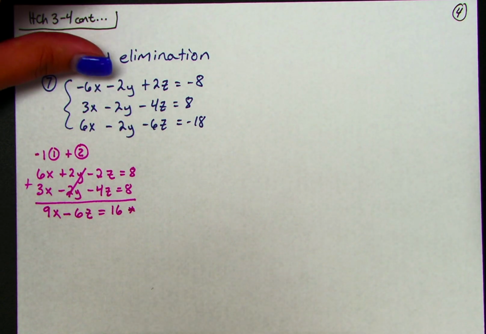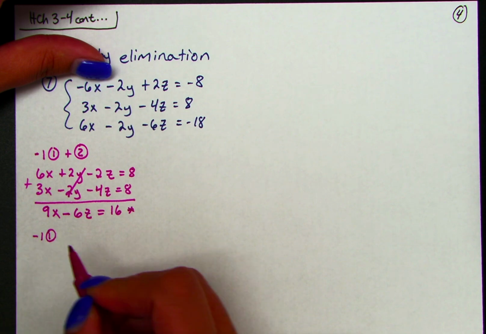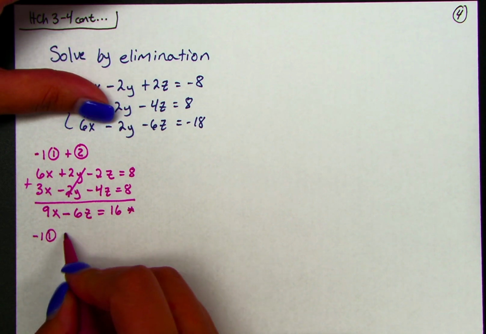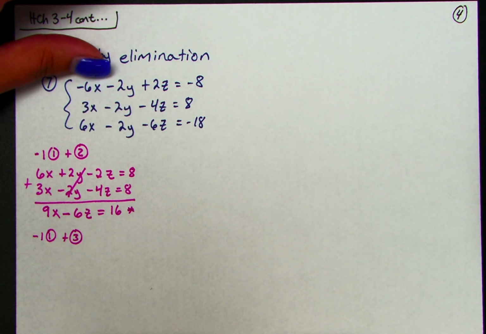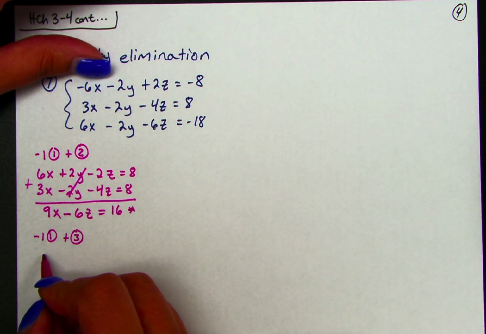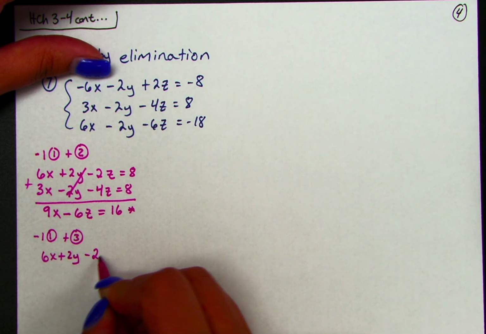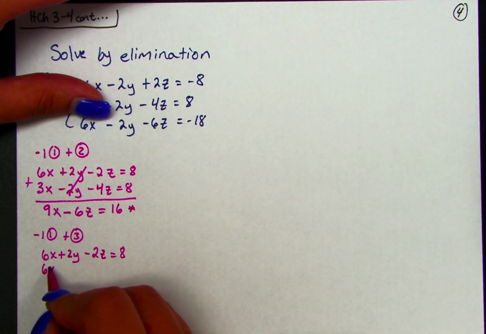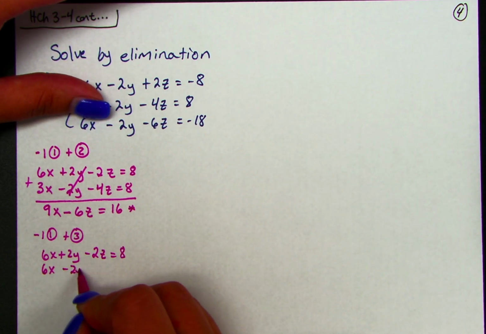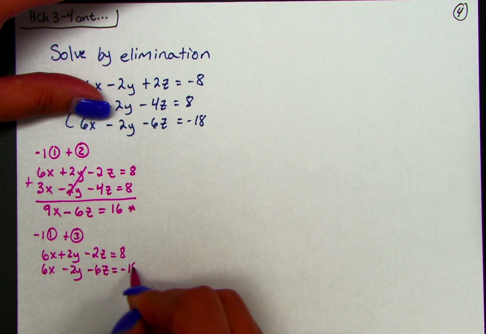Okay. And then for my second addition problem, I'm just going to take -1 times my equation 1 again, and this time I'm going to add it to equation 3. Again, in equation 1, all the signs will flip, so 6x plus 2y minus 2z equals 8. And then equation 3 is staying the same, so 6x minus 2y minus 6z equals -18.